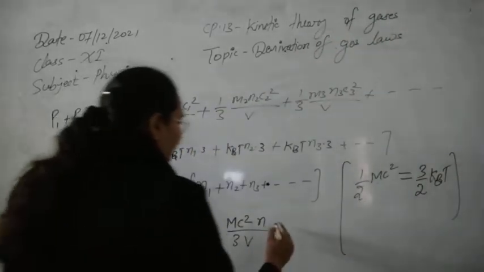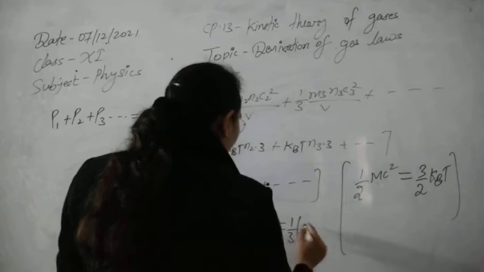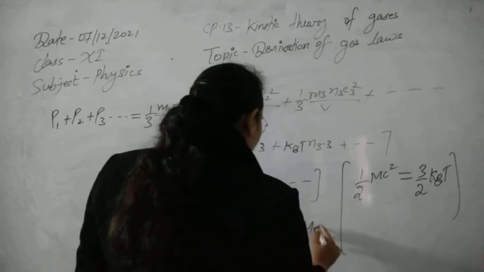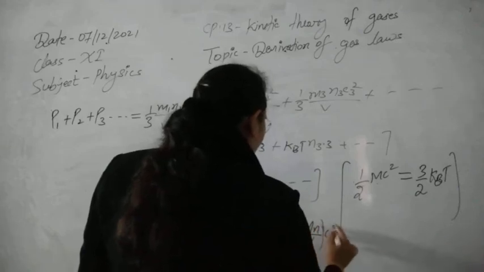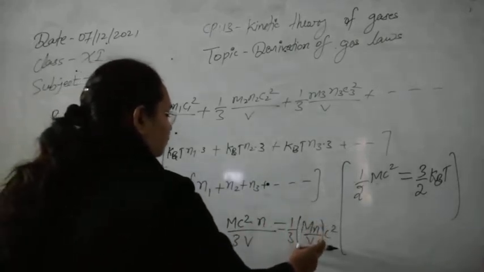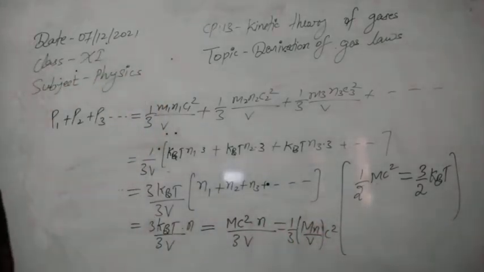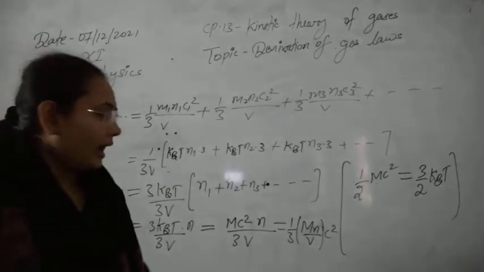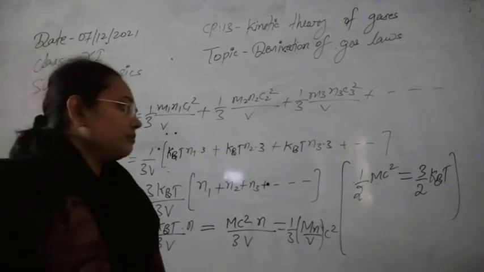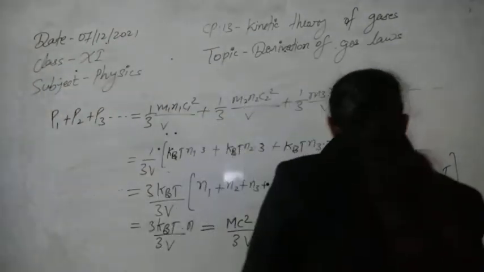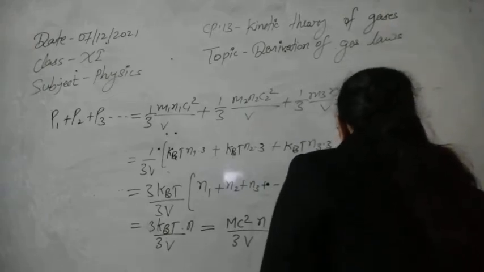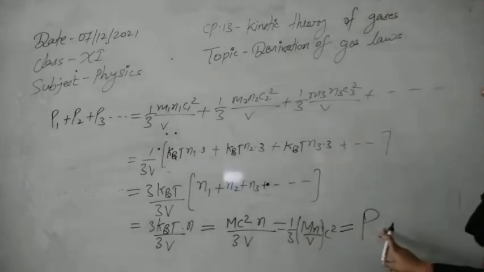Now you can see this formula in a different form, that is 1 by 3 mn upon v into c square, and mn upon v is the total mass of the molecules upon v, that is the mass per unit volume, the density, and this whole thing represents the pressure of the mixture of the system. So this 1 by 3 capital mnc square is the pressure of the mixture of the gas.